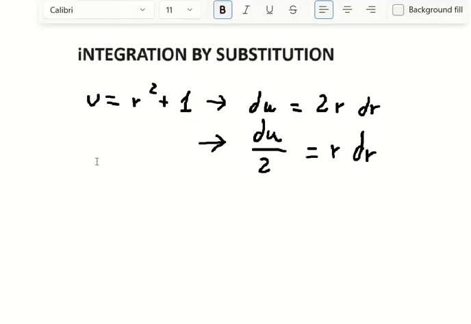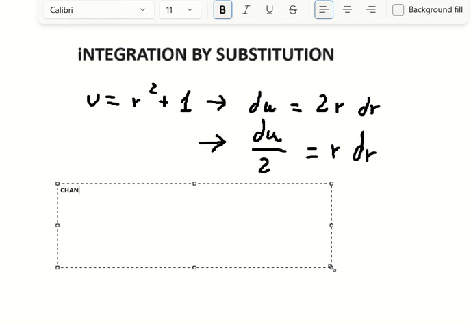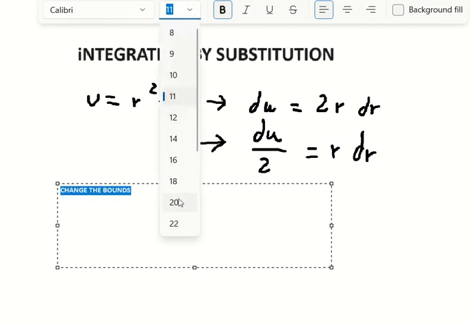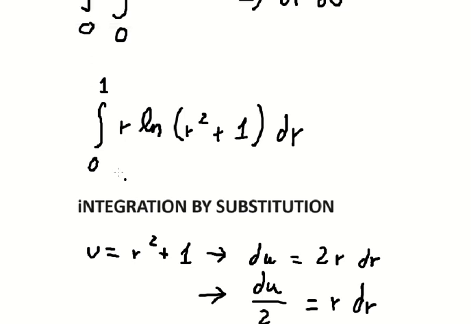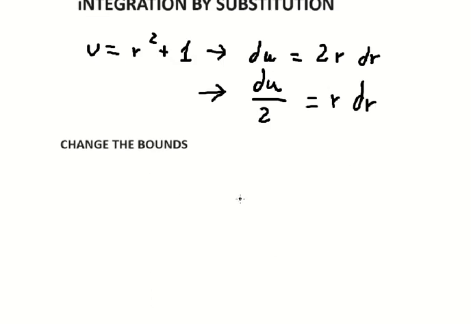Now, we need to change the powers. So, in this one, we can see that we have number 0 in here. So we put number 0 in here to find the value of u. So 0 squared plus 1. So u equals number 1.